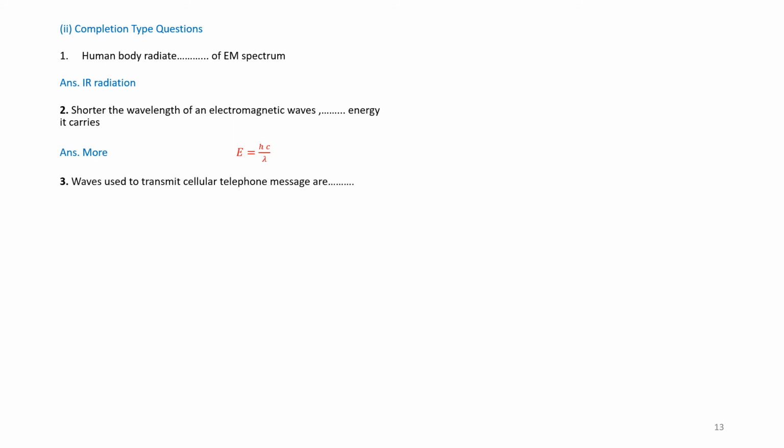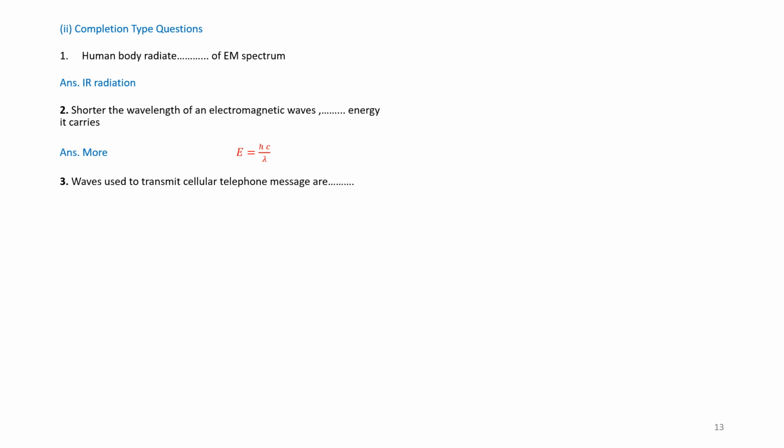Completion type questions. Human bodies radiate IR radiation, that is infrared radiation of the electromagnetic spectrum. Question number 2. The shorter the wavelength of electromagnetic waves, the dash is the energy. If the wavelength is short, more energy is carried. So E is equal to hc divided by lambda.